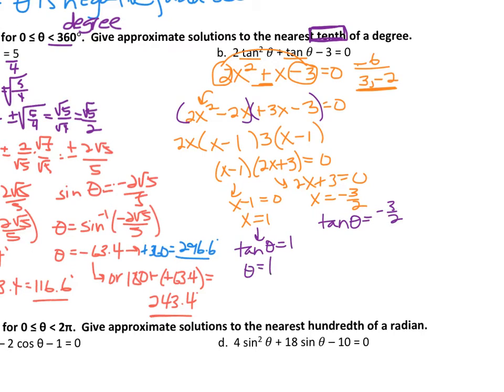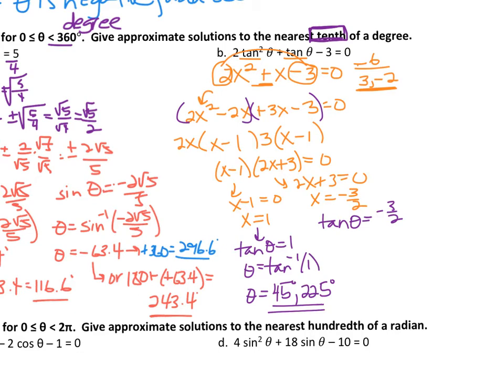If we want to find tan inverse of 1, where on the unit circle are the coordinates the exact same so that they would cancel out to equal 1? We're in degree mode. In quadrant 1, we would be at 45 degrees. And then down in quadrant 3, we would be at 225 degrees. Those would be our exact answers.